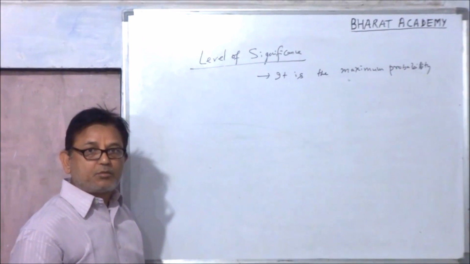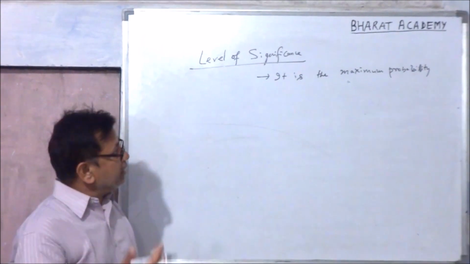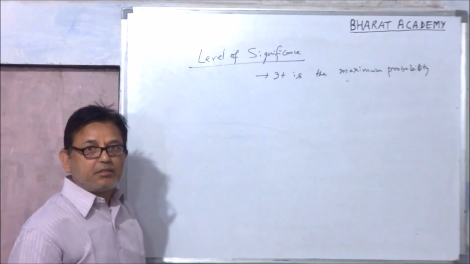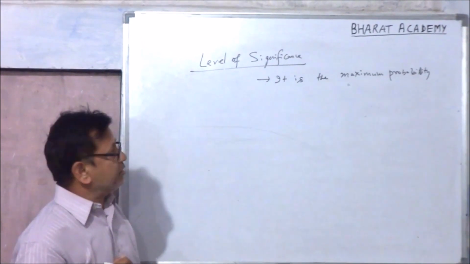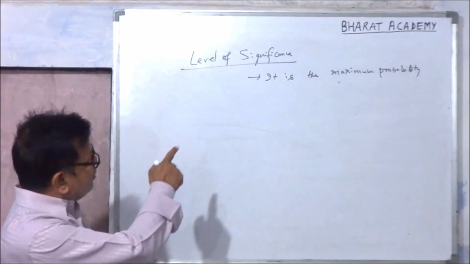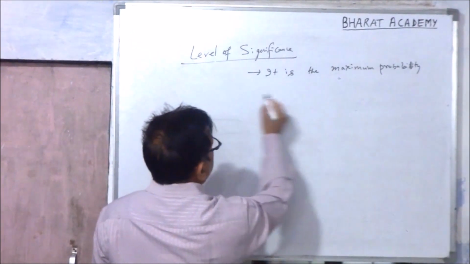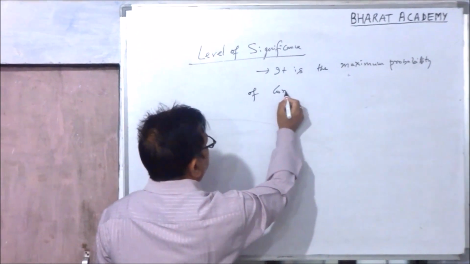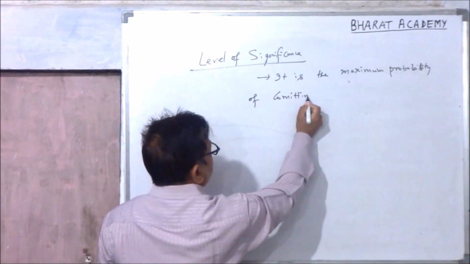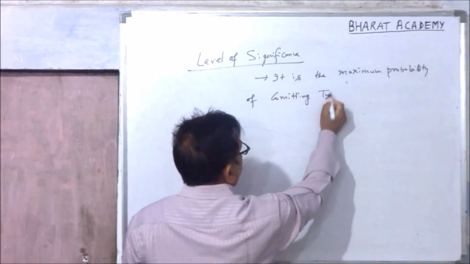Now students, to determine when the null hypothesis is rejected, we select a level of significance, and that level of significance I will explain. It is the maximum probability of committing type 1 error.